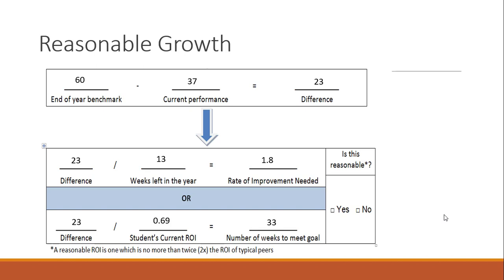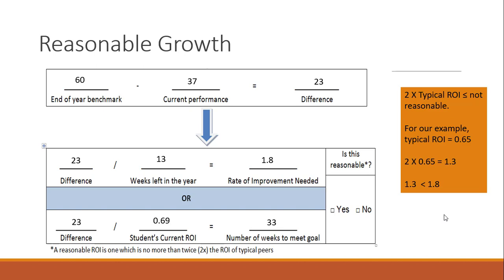Is this reasonable? Well, the idea of reasonable is that a reasonable ROI is one in which is no more than twice the ROI of typical peers. So over here, 2 times the typical ROI.